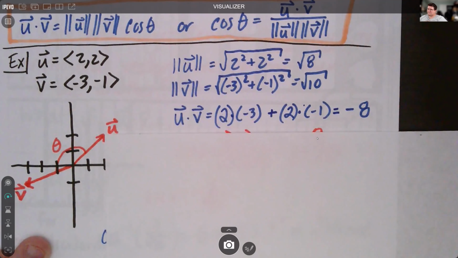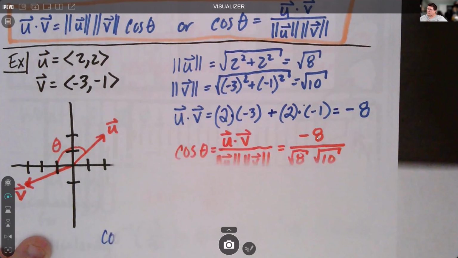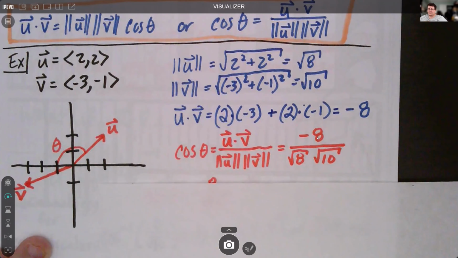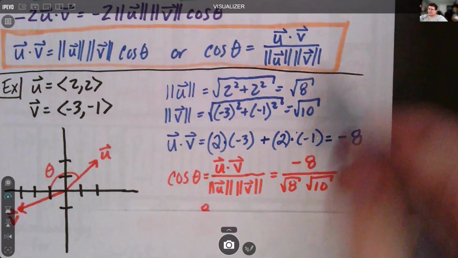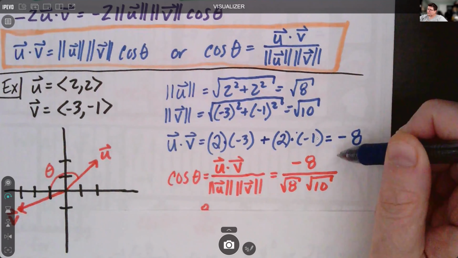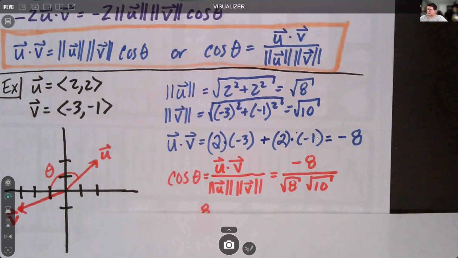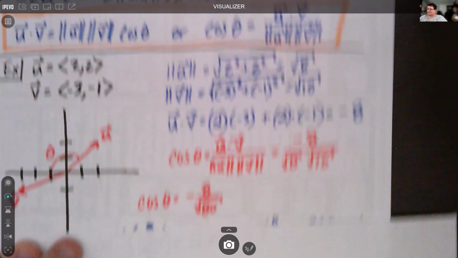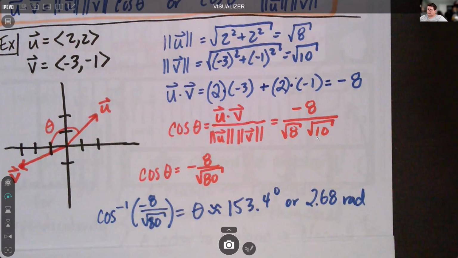If we do u dot v, we've got 2 times -3 plus 2 times -1, we get -8. So cosine theta being u dot v over magnitude of u and magnitude of v, I've got -8 over root 8 times root 10, which is -8 over the square root of 80. If I do cosine inverse, we'll see that it's approximately 153.4 degrees or 2.68 radians.